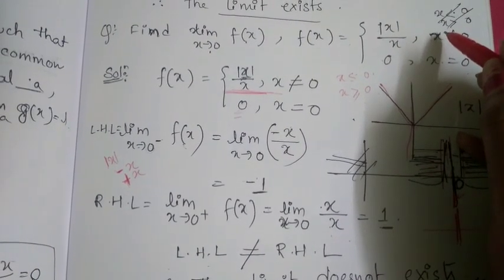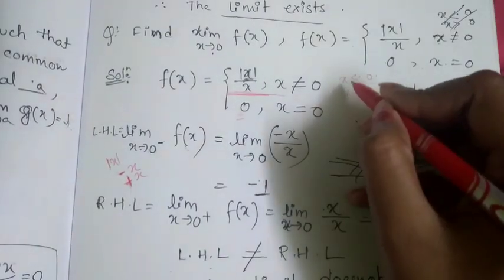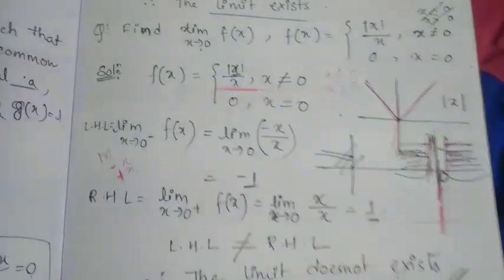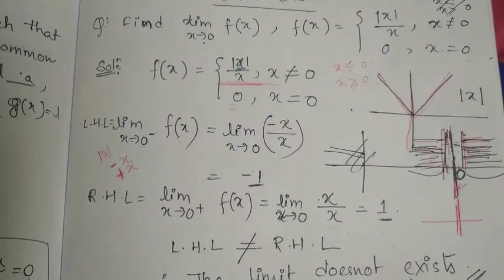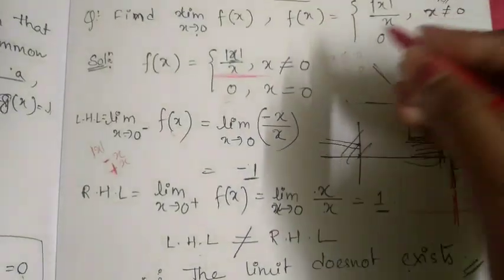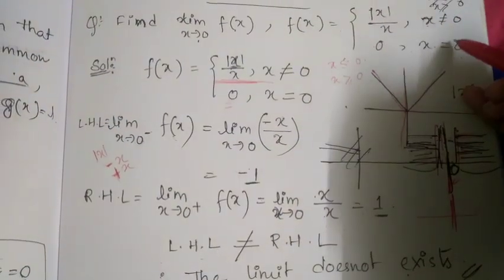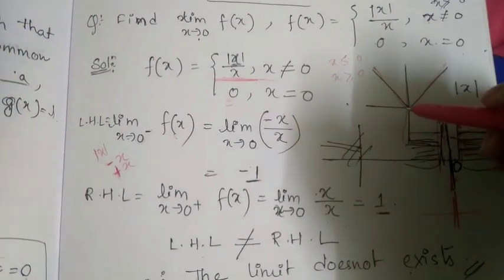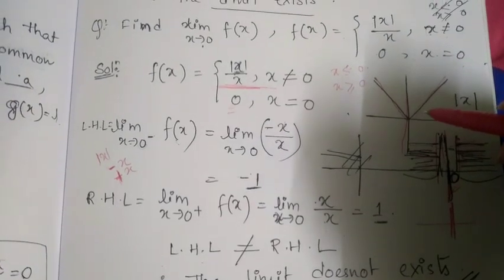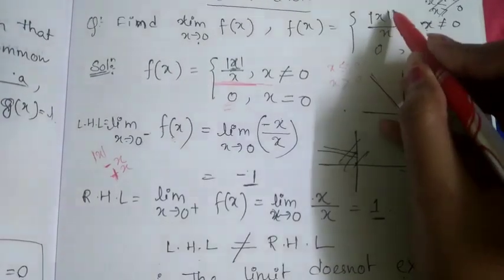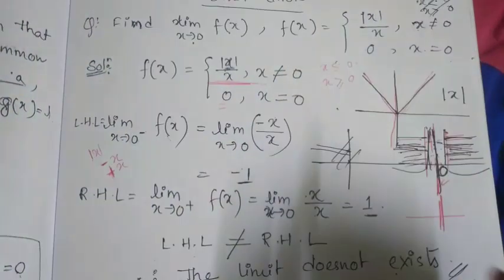Here, see, in the previous question we have seen that the function for the left hand limit and the right hand limit is given, right? It is already mentioned in the question, but here it is not mentioned. So how will we be able to find the left hand and right hand limit? That is the question. So let's first understand this part.